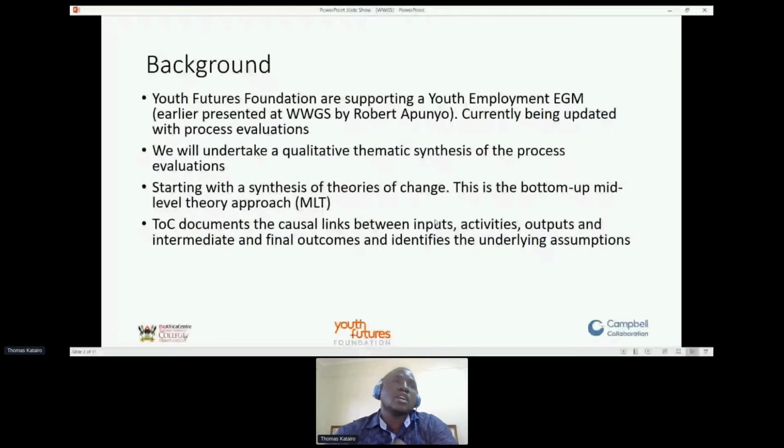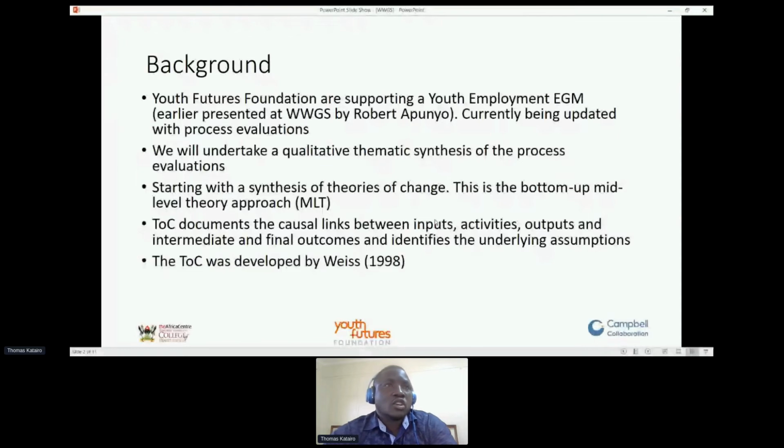The underlying assumptions are very good because sometimes, after giving an intervention, you may not get the results that you intended. That's when you go back to the underlying assumptions and see whether these assumptions were met. Then you can ask questions as to why you didn't get your outcome. So underlying assumptions are very, very essential when it comes to theories of change.